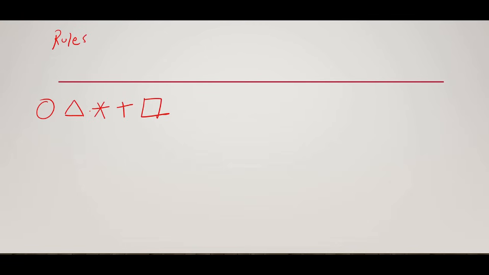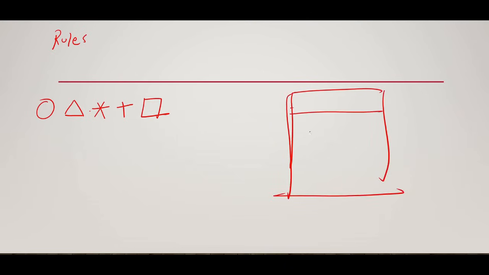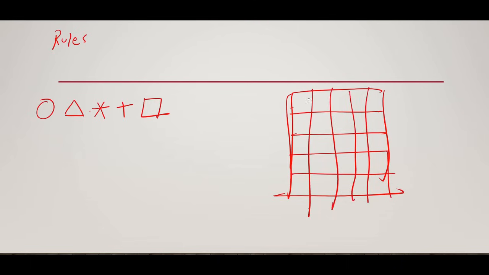In a Sudoku game, suppose there is a 5 cross 5 grid. 5 cross 5 means there will be a total of 5 rows and a total of 5 columns. In each cell we need to put only one unique value. We can fill the cell using a circle, triangle, star, plus or square.